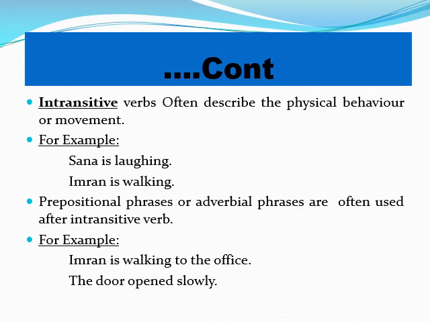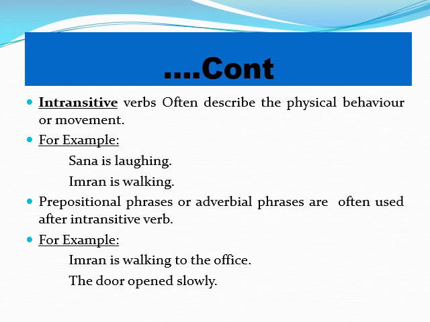Prepositional phrases or adverbial phrases are often used after an intransitive verb. For example, Imran is walking to the office. To the office is a prepositional phrase. Be careful, this is not a direct object. Now the question arises: how do we know that this is not a direct object?